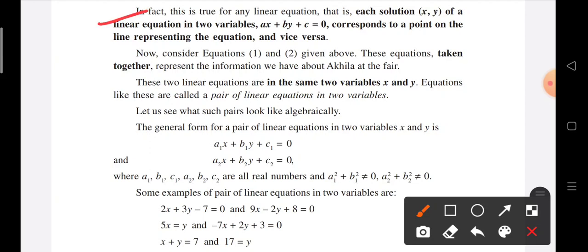In fact, this is true for any linear equation, that is, each solution (x, y) of the linear equation in two variables ax + by + c = 0 corresponds to a point on the line representing the equation.